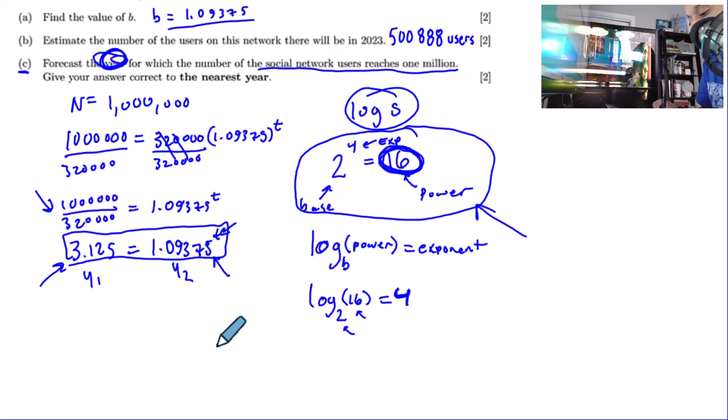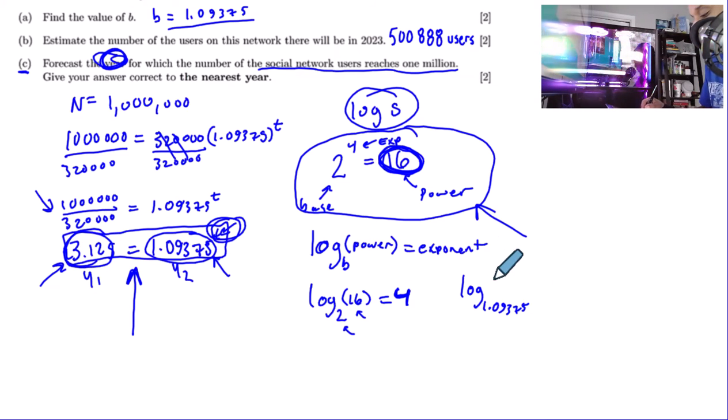And this is significant because now let's do that with what we're trying to solve here. So I have log. My base would be this, because this is what the exponent is acting on. So base would be 1.09375. My power is right there, so it's going to be 3.125.